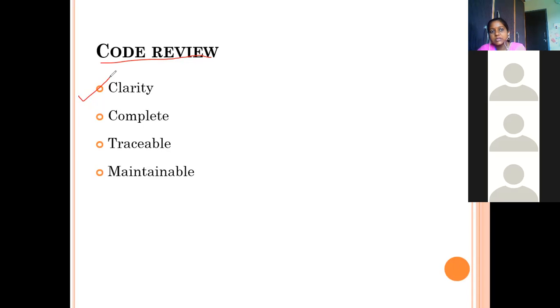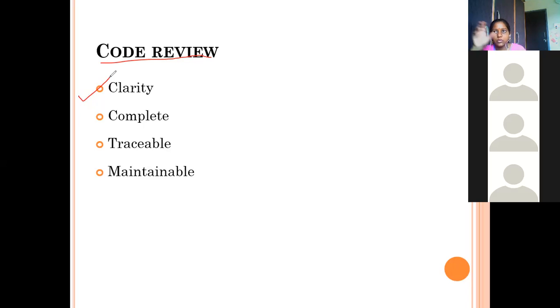All this kind of clarity should be there in your coding. Proper comments should be given on what a particular function will be doing and what different variables you have used.